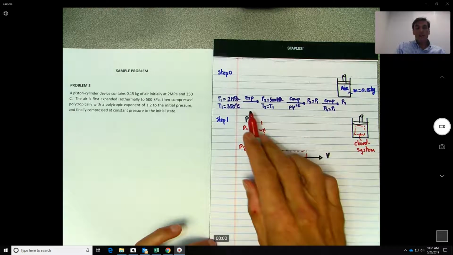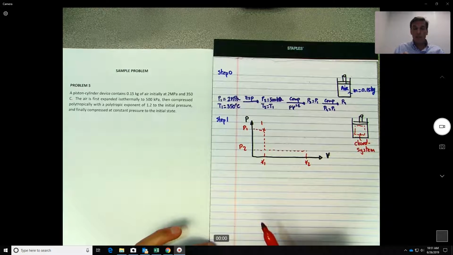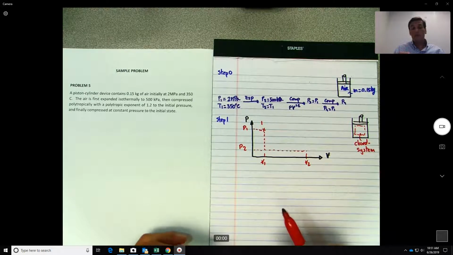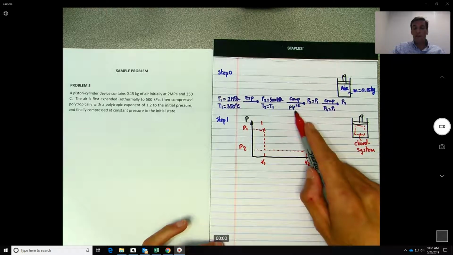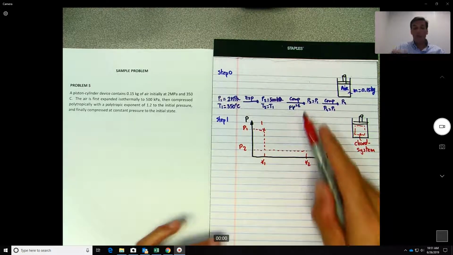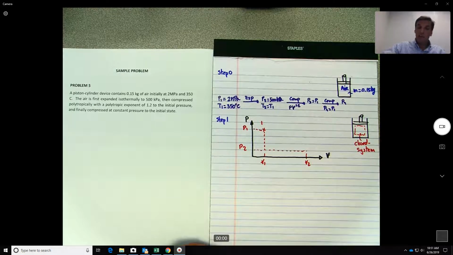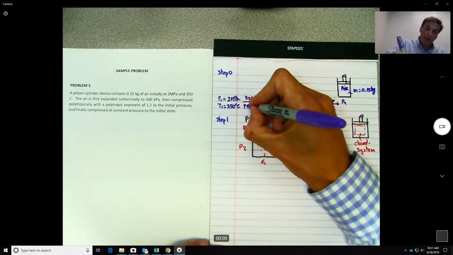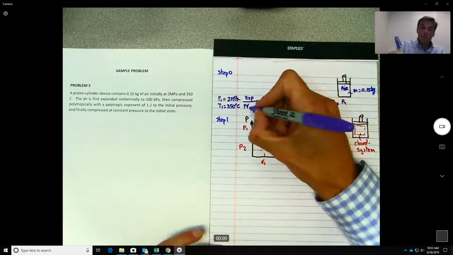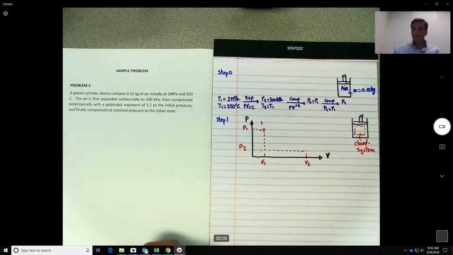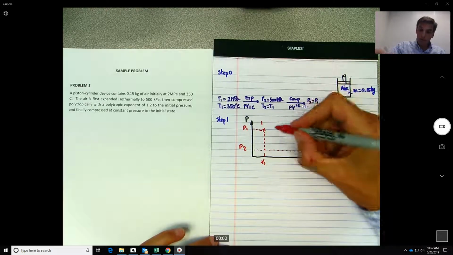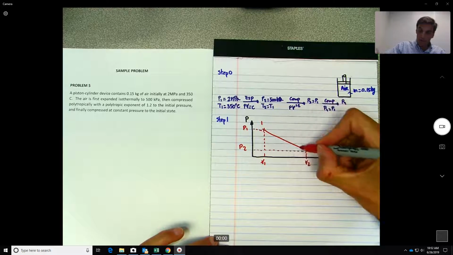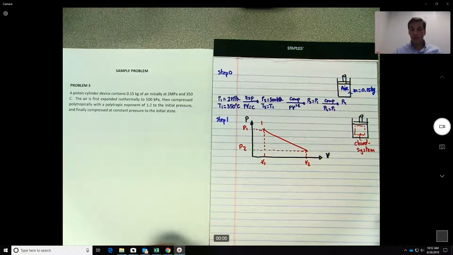So they tell us that it's an isothermal expansion, and every time there's an isothermal expansion or compression, any type of compression or expansion, if they don't tell you it's a polytropic with a certain value, in most cases you can assume that this also will be a polytropic expansion, but with PV equal to a constant. So this will be 2. Alright, so I make some type of line.